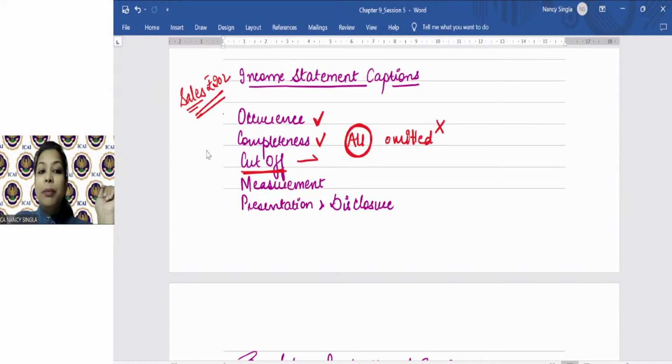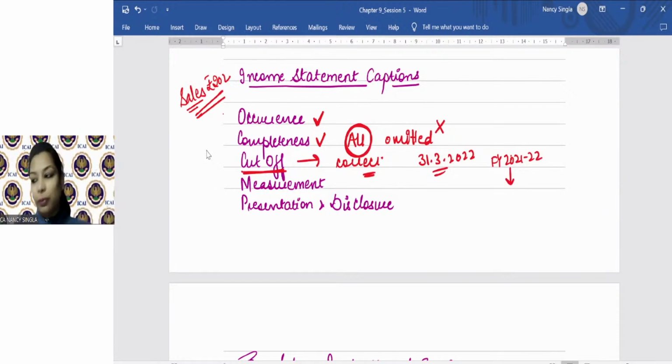Cutoff means the sales have been accounted for in the correct period. So till 31st March, the cutoff date, all the sales have been considered. It should not happen that the sales which should have been considered in financial year 21-22 are considered in the next year, or vice versa.